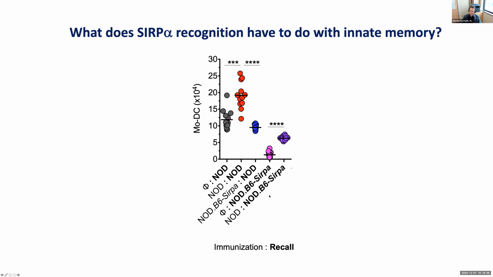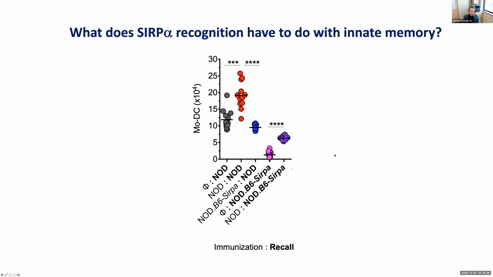On the other hand, if you look at the response to NOD with a B6 SIRP-alpha, you see a baseline response here that is fairly low. But if you immunize now with a fully allogeneic SIRP-alpha mismatch NOD splenocytes, and then come back and recall with the NOD bone marrow plug that has a syngeneic B6 SIRP-alpha, you can still elicit a memory response.